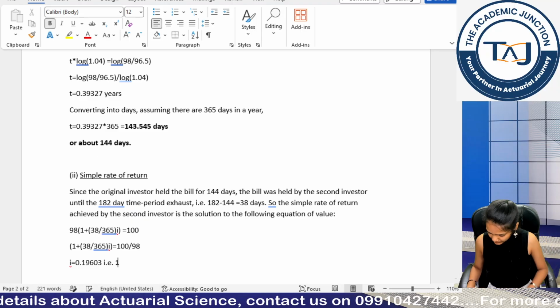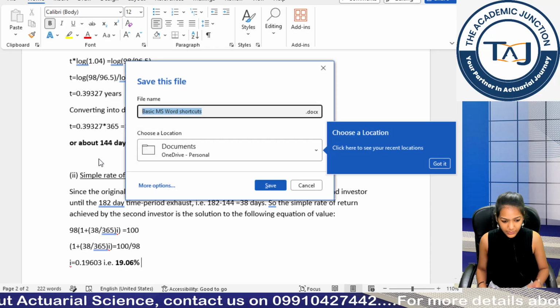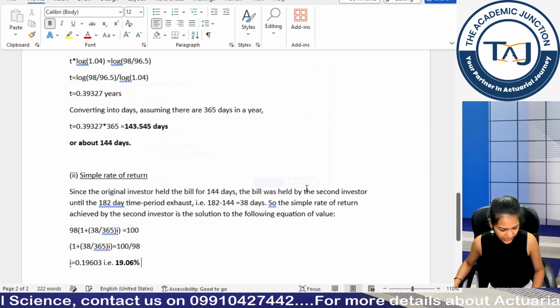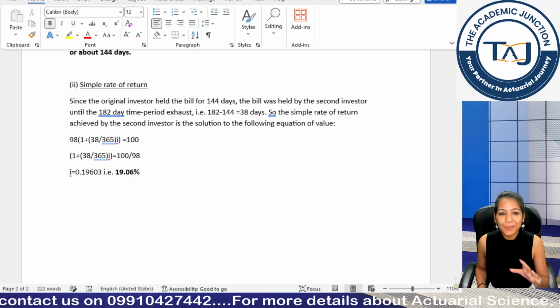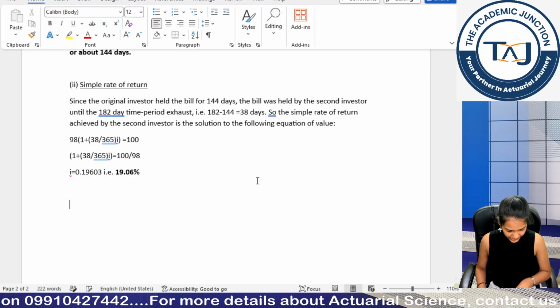So this becomes 19.60 percent. Let's now save this. Look, this is the Control plus S habit I have. You should also develop that habit.